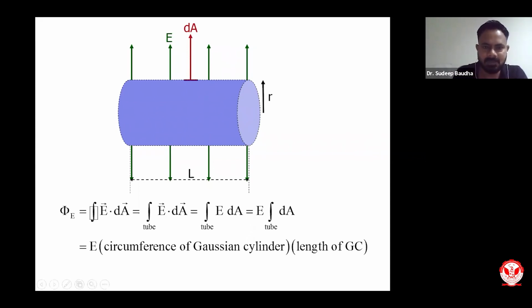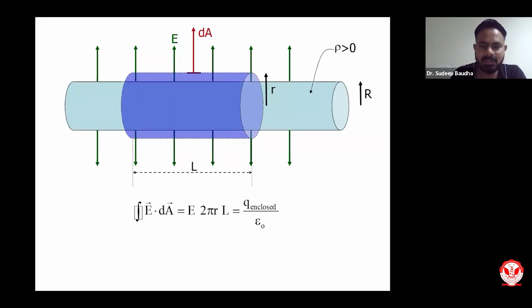I can simply write this as 2 pi r into L. So I have got the flux on the Gaussian cylinder. This is E into 2 pi r L, which will be equivalent to charge enclosed upon epsilon naught from Gauss law.